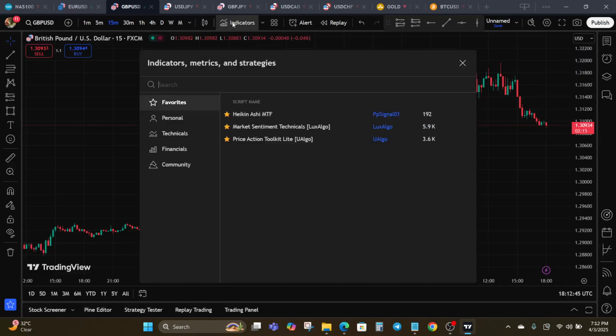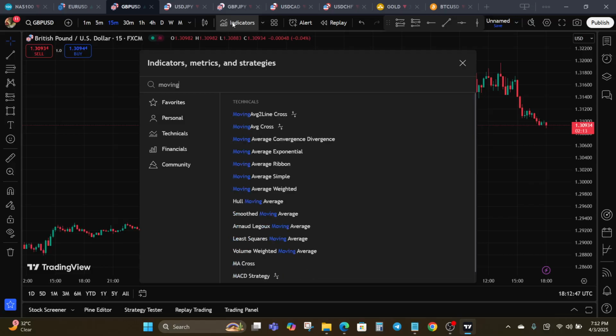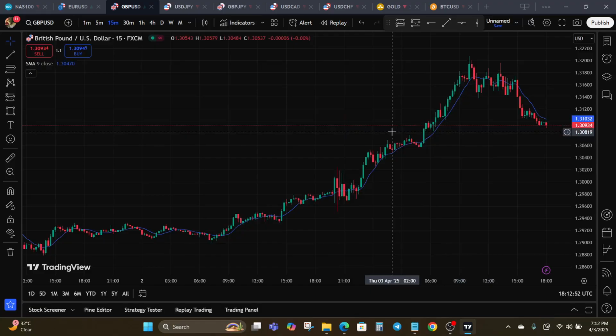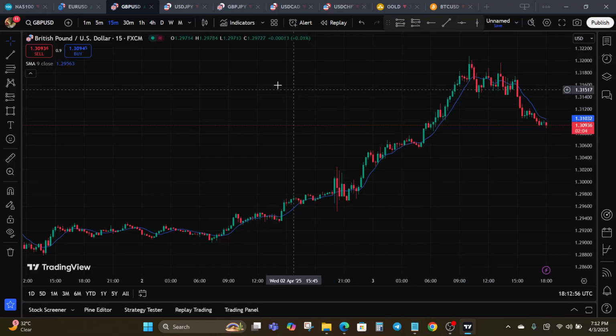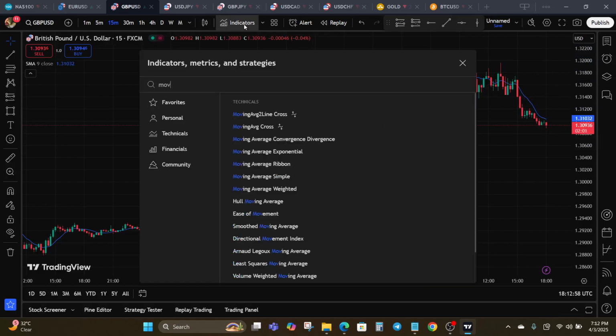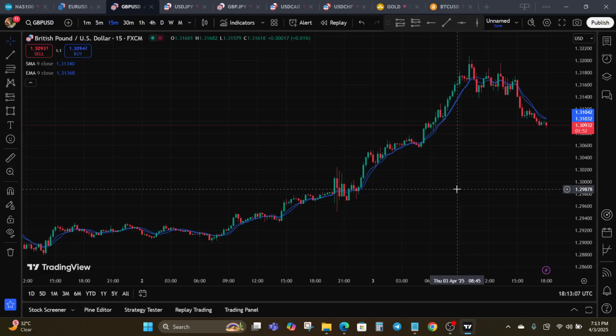Now, the SMA, the simple moving average, is great for identifying the overall direction of the market, while the EMA, the exponential moving average, reacts faster, making it ideal for short-term trade setups. By combining the two, we can filter out unnecessary noise and find high probability trades with stronger confirmation.